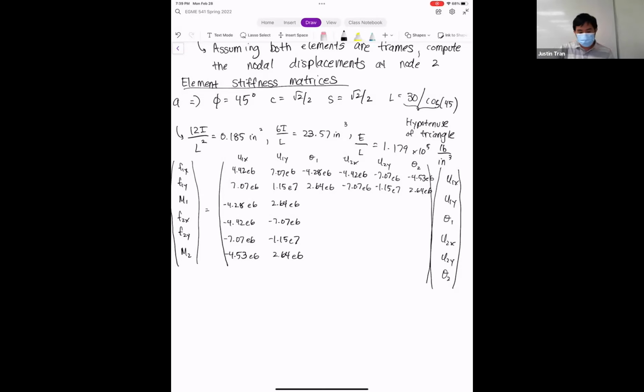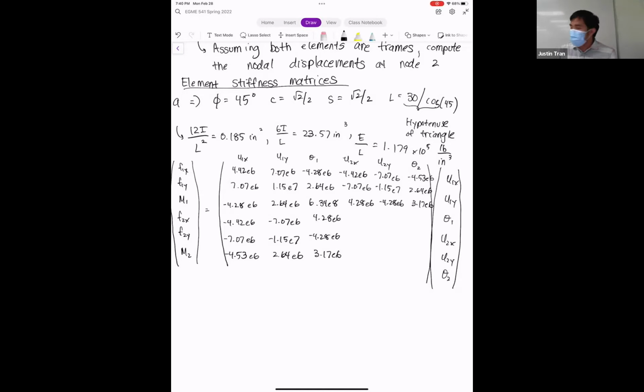All right, so that's the second row, second column. Next, we have the third row. And so that's the third row in the third column.